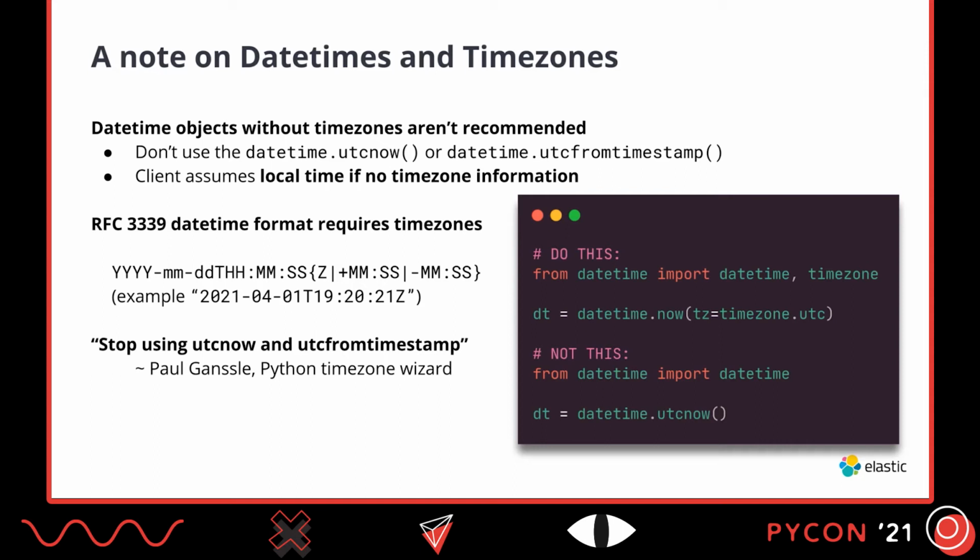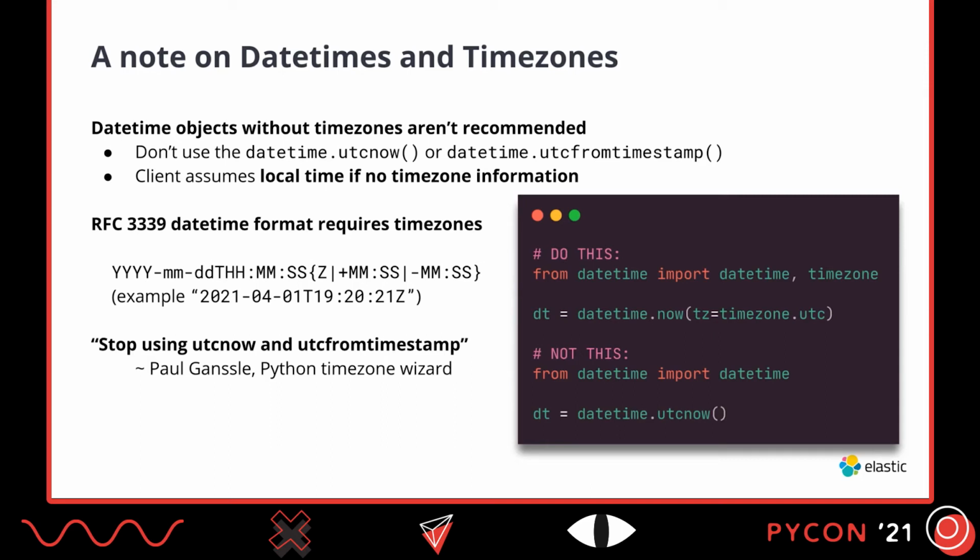To quote Python's very own time zone wizard, Paul Ganssle, stop using utcnow and utcfromtimestamp. utcnow and utcfromtimestamp give datetimes where all of the values for year, day, hours, etc., are in UTC time, but without the UTC time zone annotation applied.